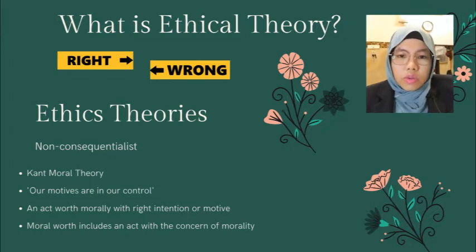This is the consequence of the action or the law being taken. Those theories that hold action can be right or wrong regardless of their consequences are called non-consequentialist or deontological theories. Based on the case, it is according to Kant's moral theories under non-consequentialist.